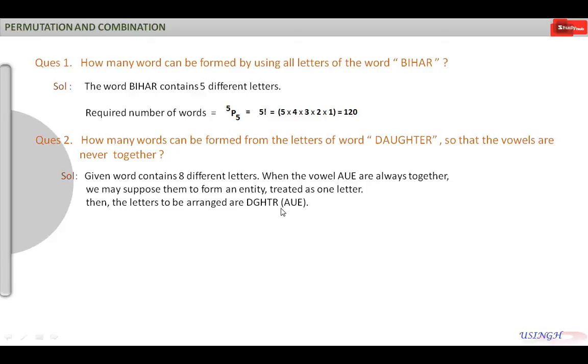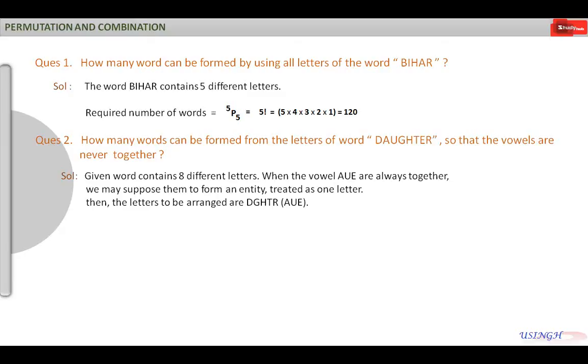So how to solve it? We have to arrange the vowels in such a way that they do not come together. For this we treat the three vowels as a group and count it as one letter only.